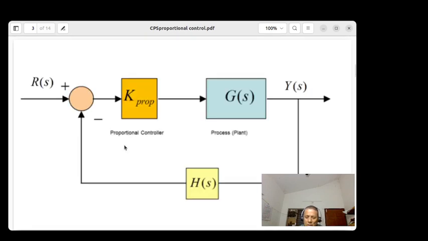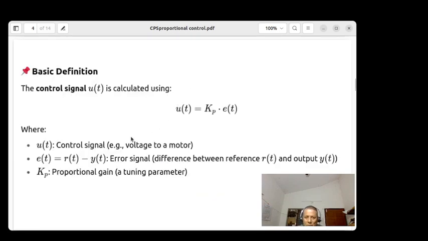That u of t can be a voltage to a motor, or the voltage to a heater, if you want to heat the temperature in a tank.